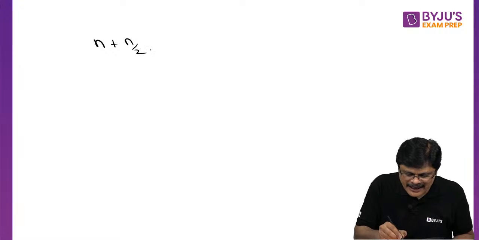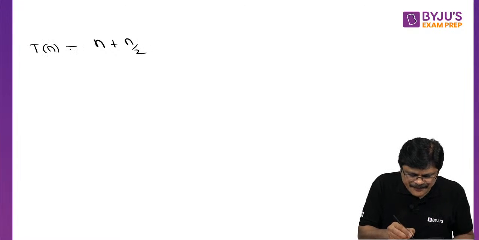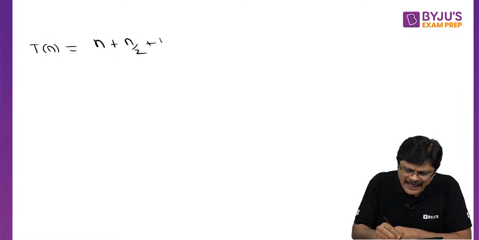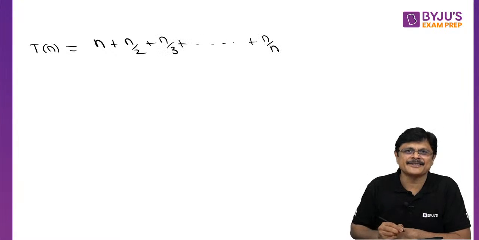Now if you observe, what is happening? For i is equal to 1, it iterates n times. For i is equal to 2, it iterates n by 2 times. I am writing time complexity, sir. Approximately n by 2, n by 3, and it continues up to n by n, my dear friends.